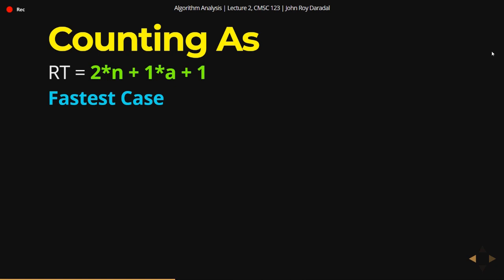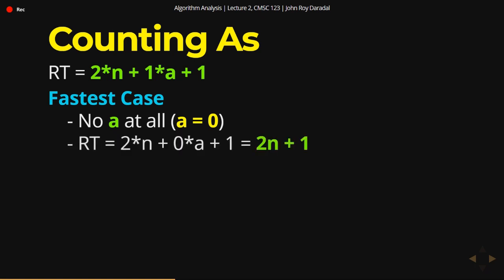For example, in our counting A's problem, recall that the running time was 2n plus a plus 1. What would be the fastest case in this problem? The fastest case would be if there are no A's at all, so a is equal to 0. That would make the running time only 2n plus 1, because the a part will be eliminated.